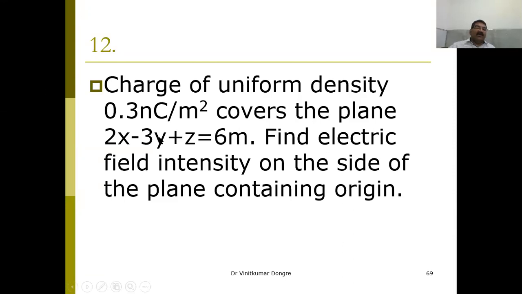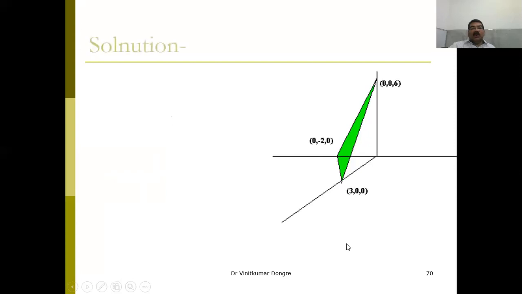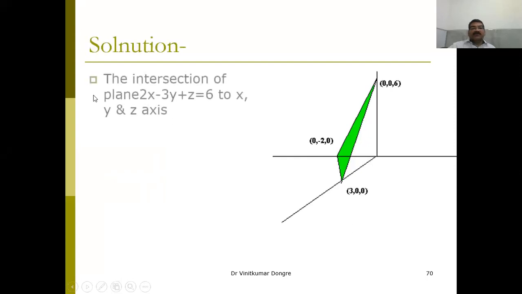The rest of the other things are very simple. Now how is this plane located? Here you can find the intersection of the plane, that is 2x - 3y + z = 6, with the x, y and z axes.